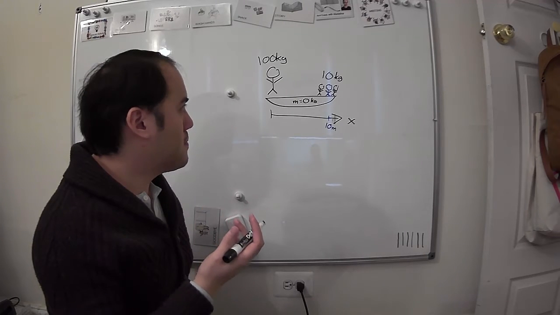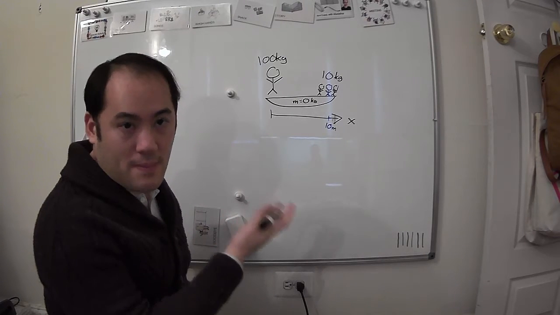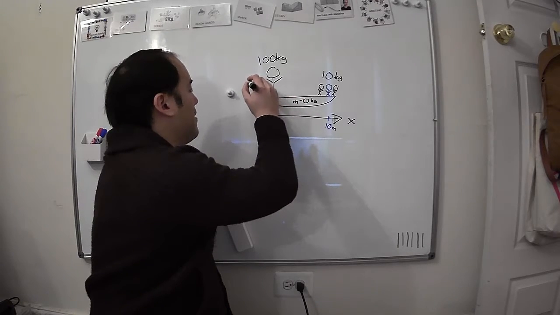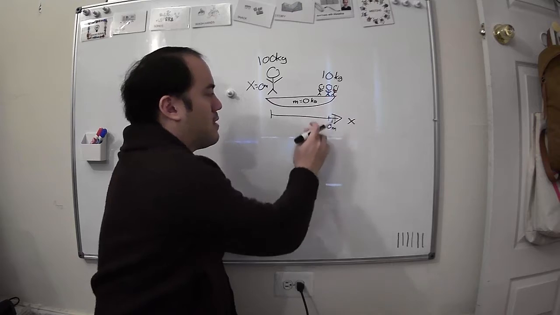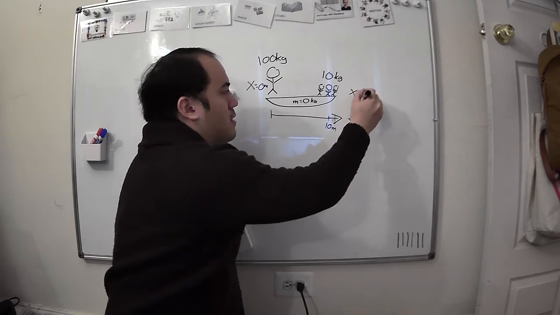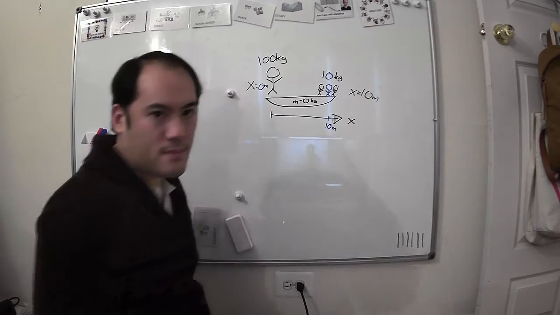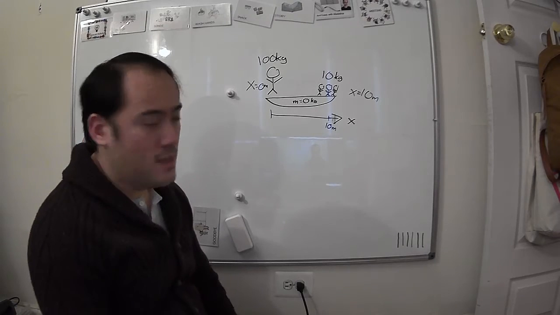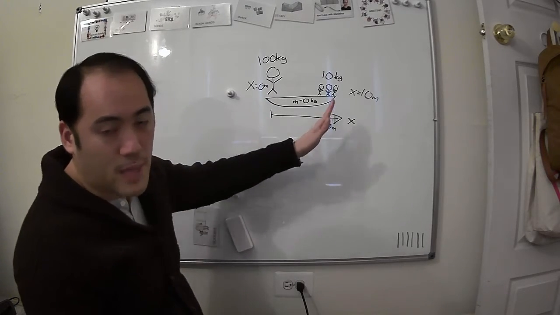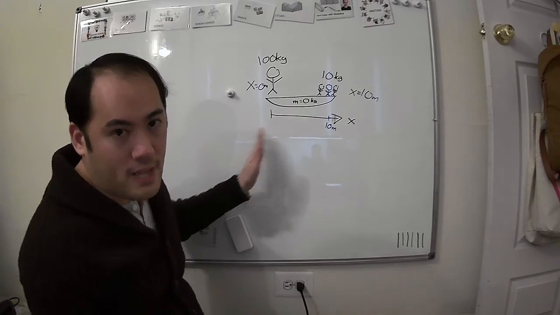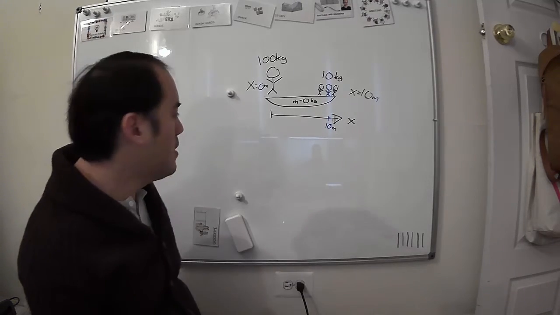So everything in the picture has a position. The position of this person is 0 meters. The position of these babies is 10 meters. Hopefully that makes sense. This person is 0 meters from the left side of the boat. The babies are 10 meters from the left side of the boat because it's a 10-meter long boat.